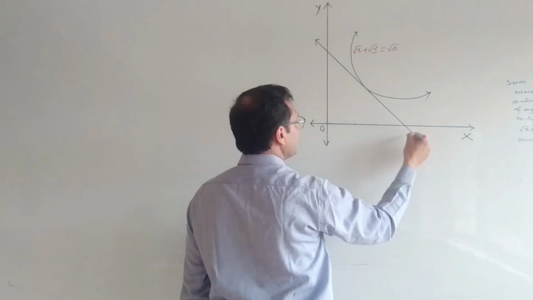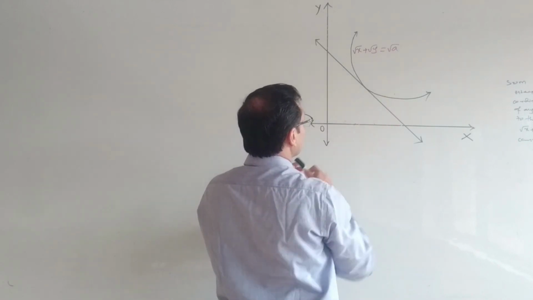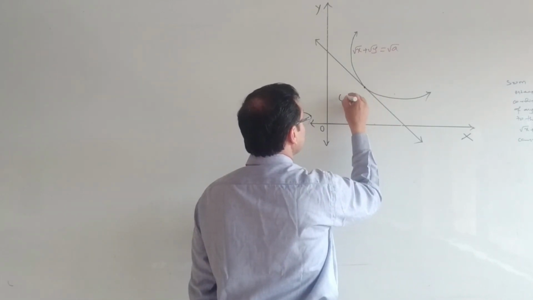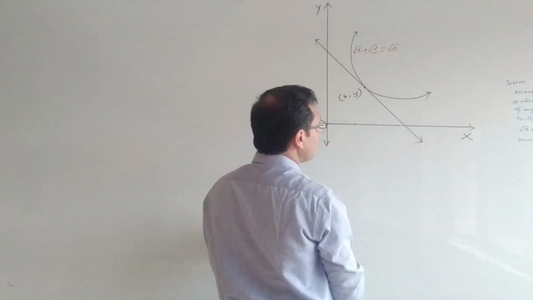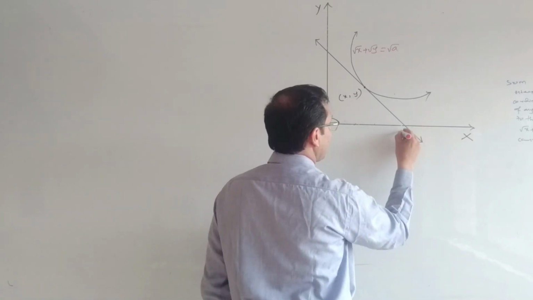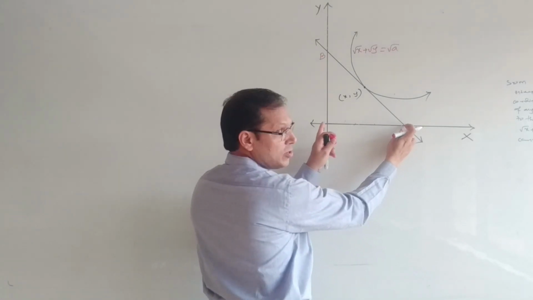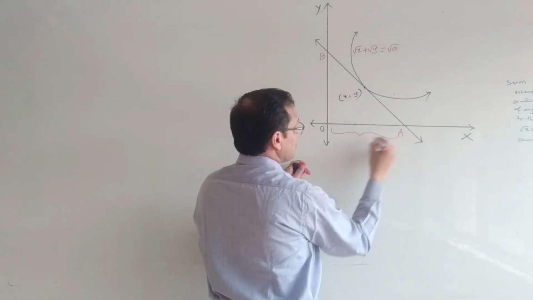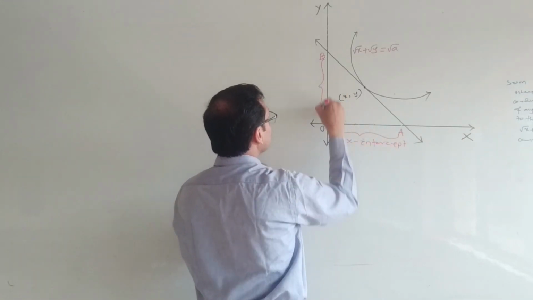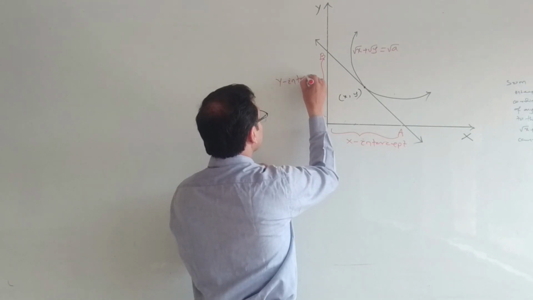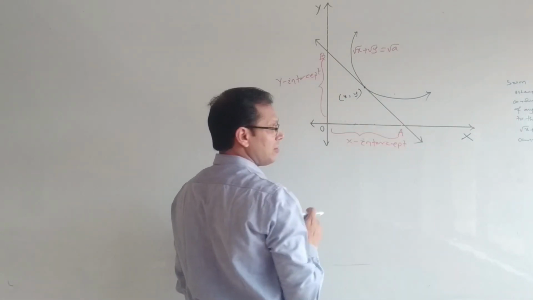We draw any tangent to the curve. Let the point of contact be x, y, and this tangent intersects the x axis at A and the y axis at B. He is asking for the sum of the intercepts: this is the x intercept and this part is the y intercept. You have to add this part plus this part and prove it is constant.